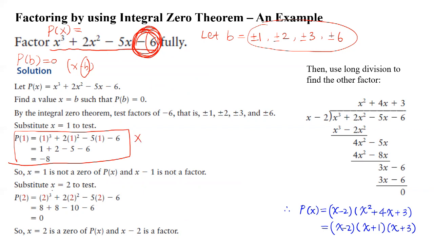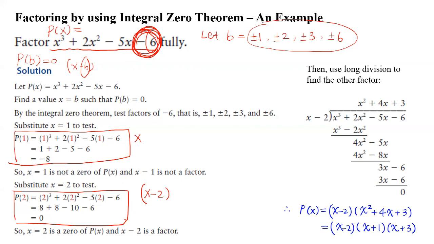Then we can check x being 2 and put x equals 2 into the original polynomial. Luckily, we find P(2) is 0, right? So according to the factor theorem, if P(2) is 0, that means x minus 2 must be a factor of P(x), right?